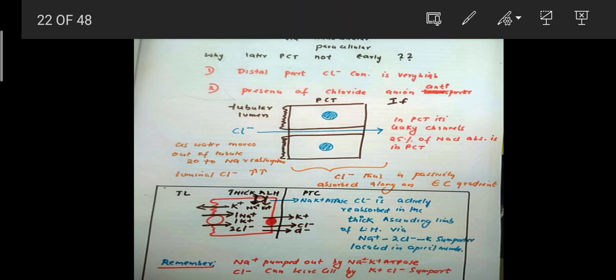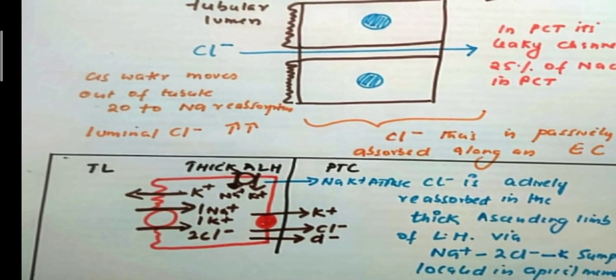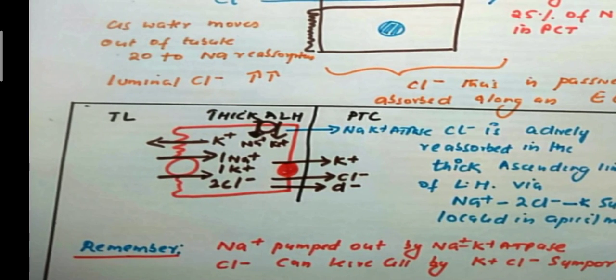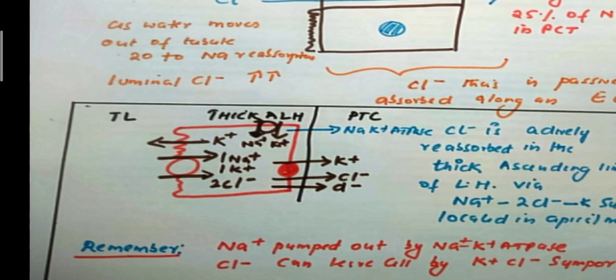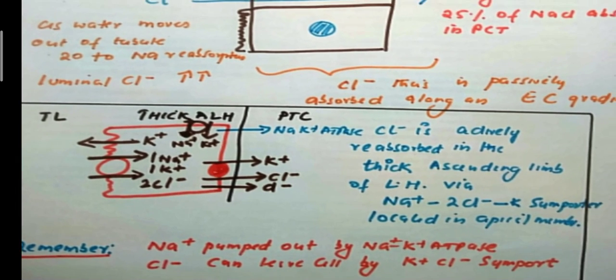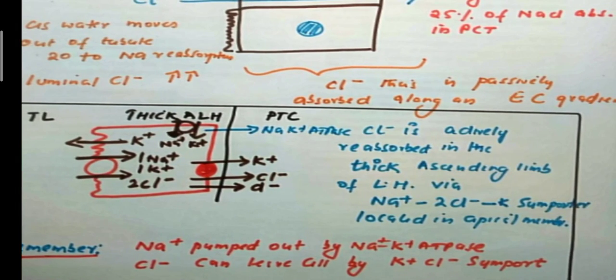And it is clear from this diagram that sodium potassium ATPase is present on the basolateral membrane, and the chloride ion is reabsorbed in the thick ascending limb of the loop of Henle via the sodium chloride potassium symporter located in the apical membrane.